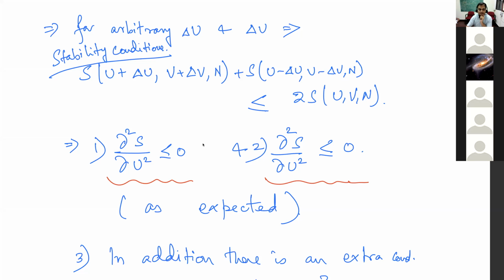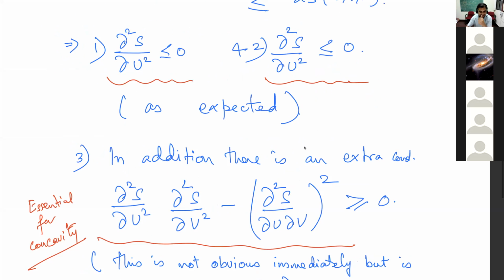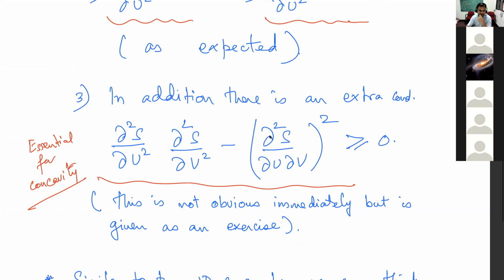To take care of that, there's an additional condition in 2D systems, which is this: d2S by dU2 times d2S by dV2 minus (d2S by dU dV) whole square has to be greater than or equal to 0. This ensures that in one direction the curve is concave, in the other direction the curve is concave, but in between it doesn't become convex.